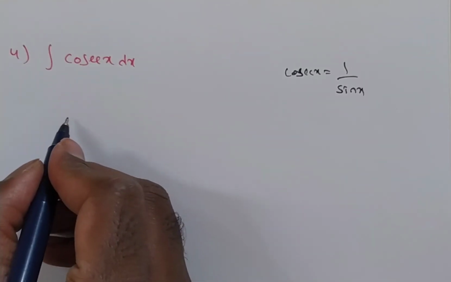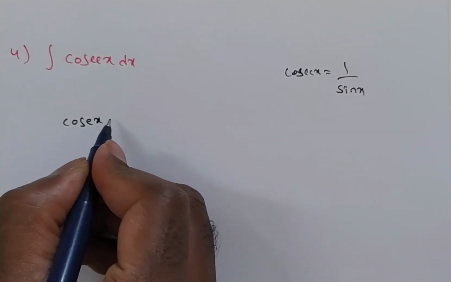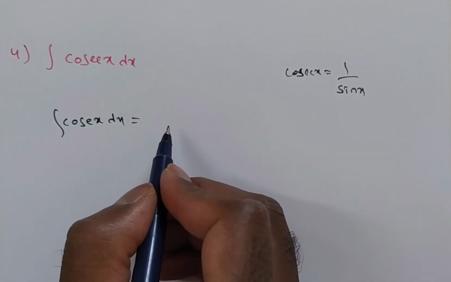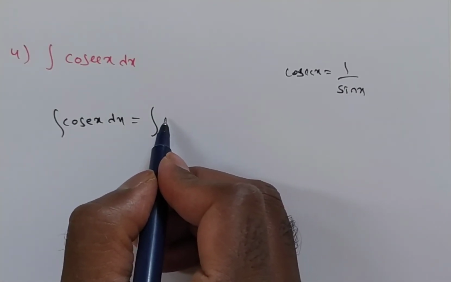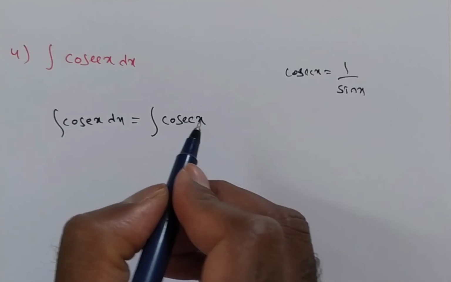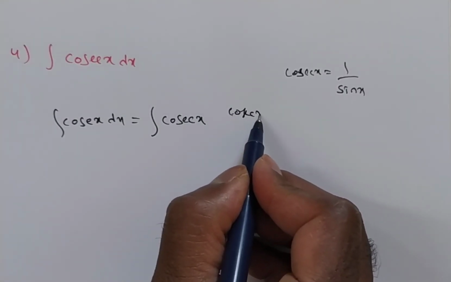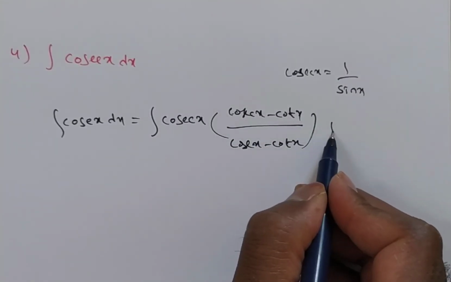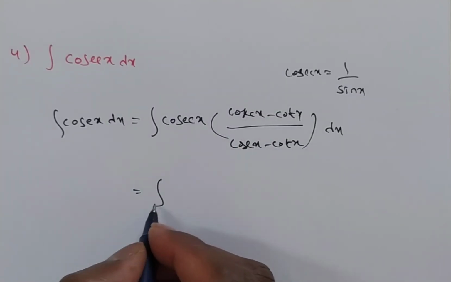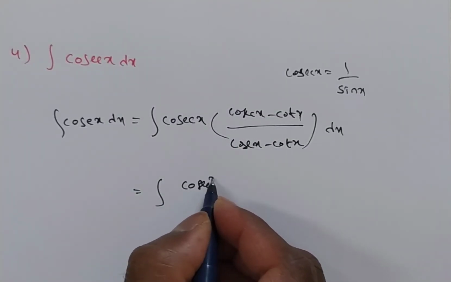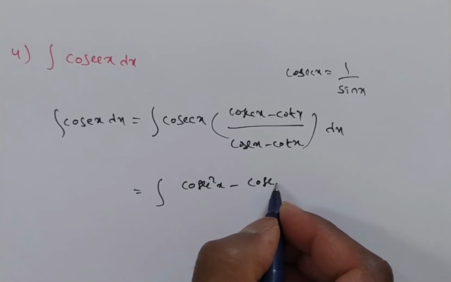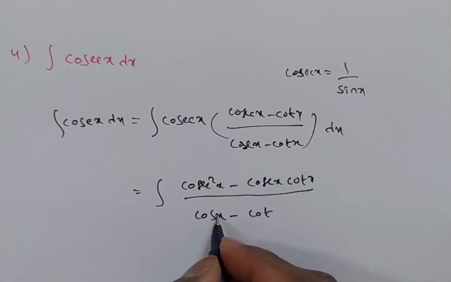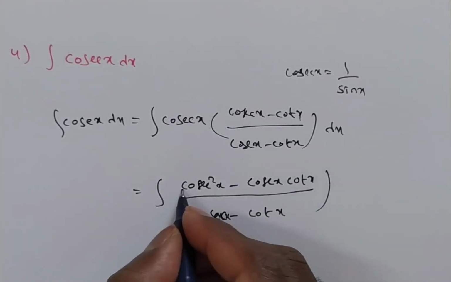So what we have to do to find out this integral, just we are multiplying and dividing with cosecant x minus cot x. On multiplying and dividing with cosecant x minus cot x into dx, then multiply inside, then you will have cosecant x into cosecant x is cosecant square x minus cosecant x into cot x, divided by cosecant x minus cot x, into dx.